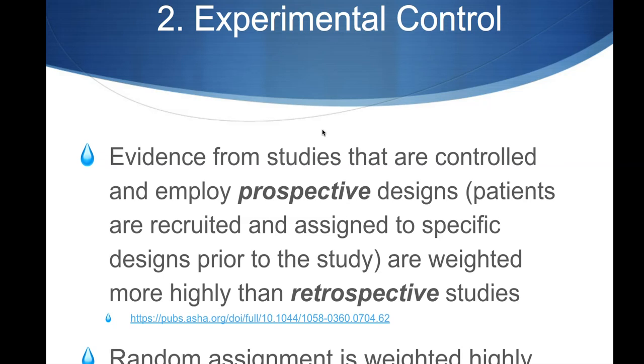Number two, we're looking at experimental control. Evidence from studies that are controlled and employ prospective designs, so patients are recruited and assigned to specific designs prior to the study, are weighted more highly than retrospective studies. Why would that be? Why is that important?